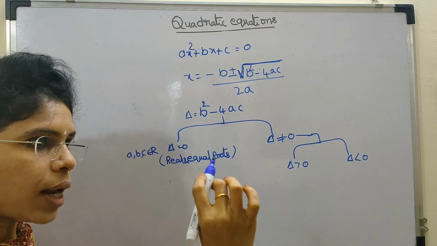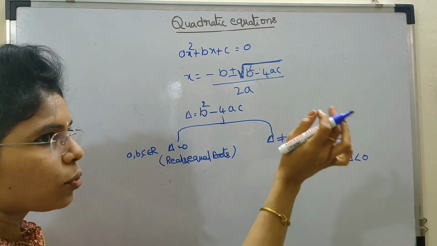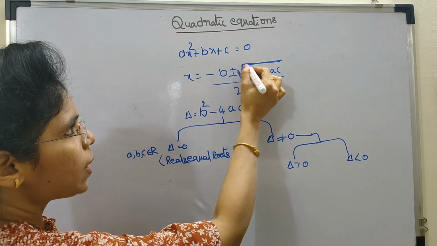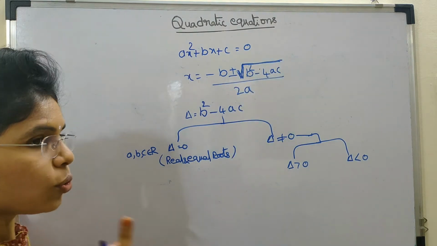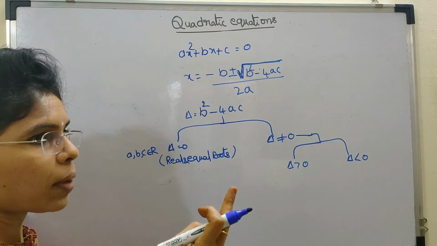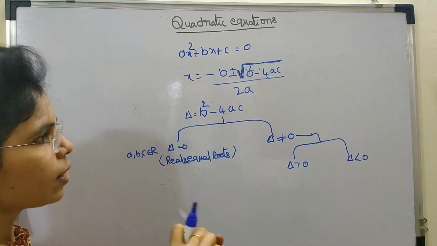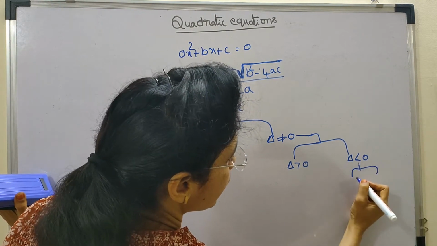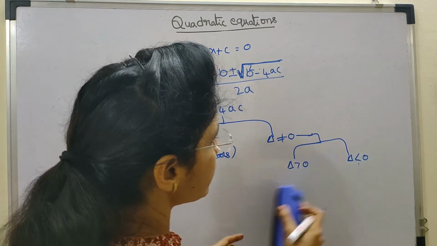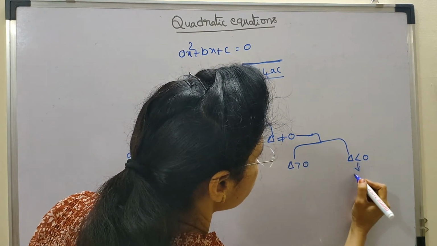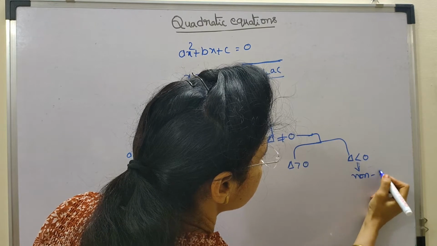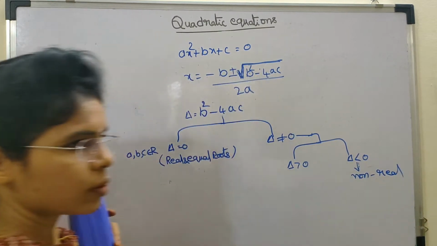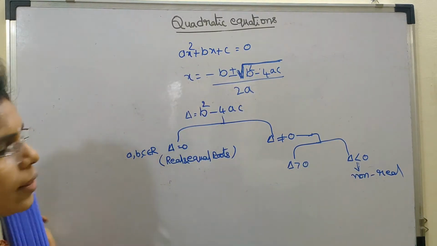When the expression under the radical sign is negative, you know that it is not a real number, it is a complex number. So when delta is less than 0, roots are non-real.